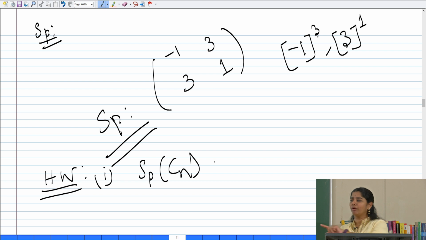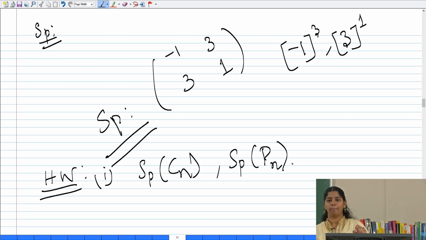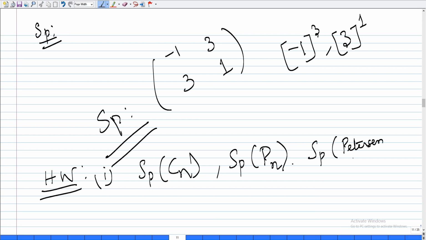One thing is, don't look on the internet, these are all available because these are well studied classes, solve it yourself. Okay. The spectrum of the path graph, a path on n vertices. And for those who know, you can think about the spectrum of Petersen graphs and hypercube graphs.